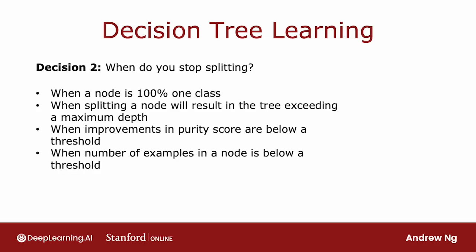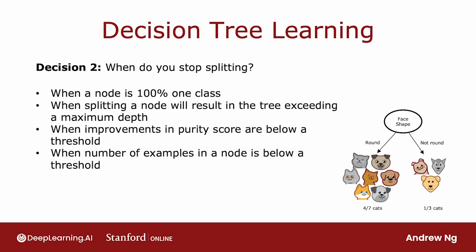And finally, if the number of examples at a node is below a certain threshold, then you might also decide to stop splitting. So for example, if at the root node we had split on the face shape feature, then the right branch would have had just 3 training examples with 1 cat and 2 dogs.